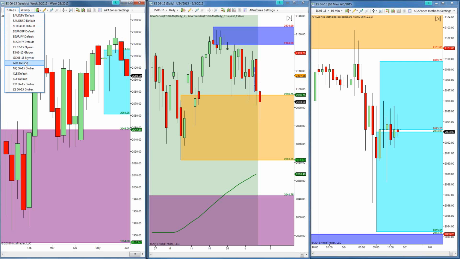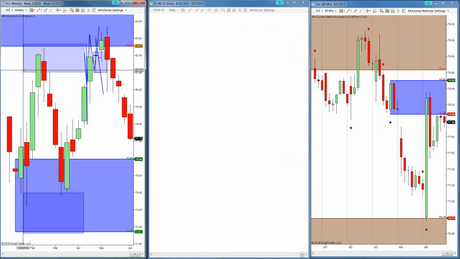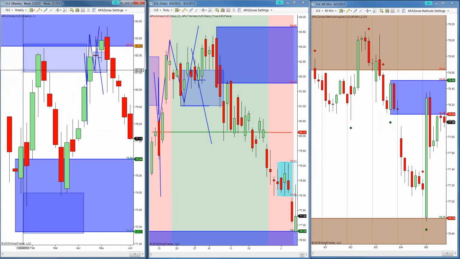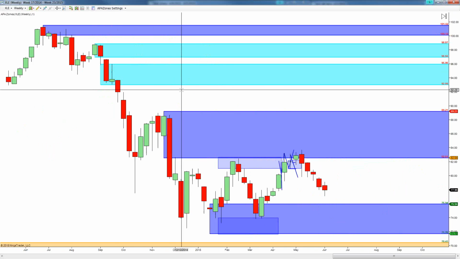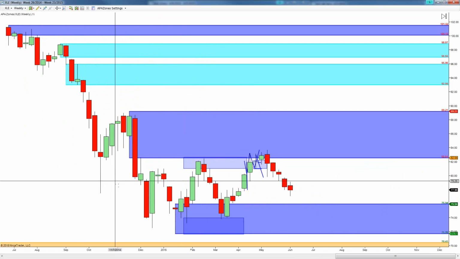Let's look. Let's look at some ETFs here. All right, XLE on the big weekly chart, we've been pushing down steadily.